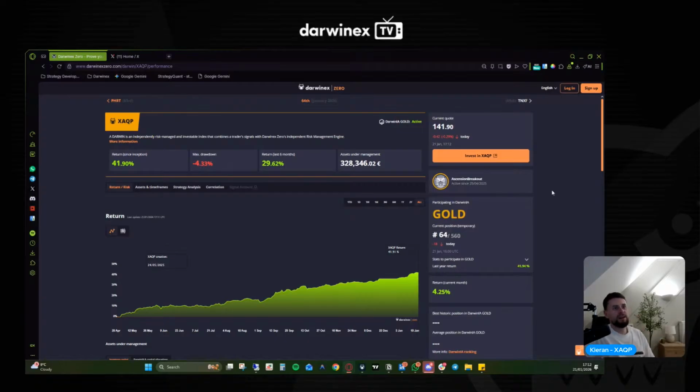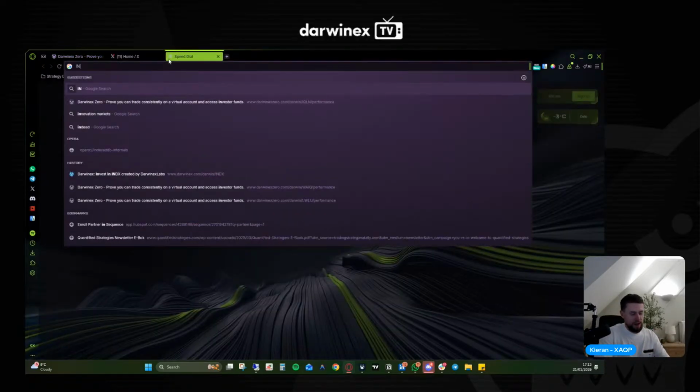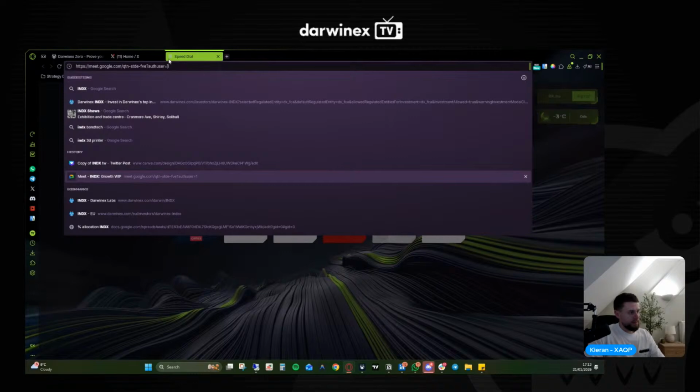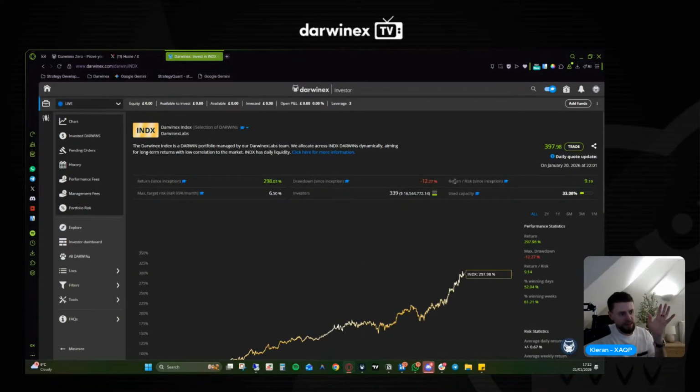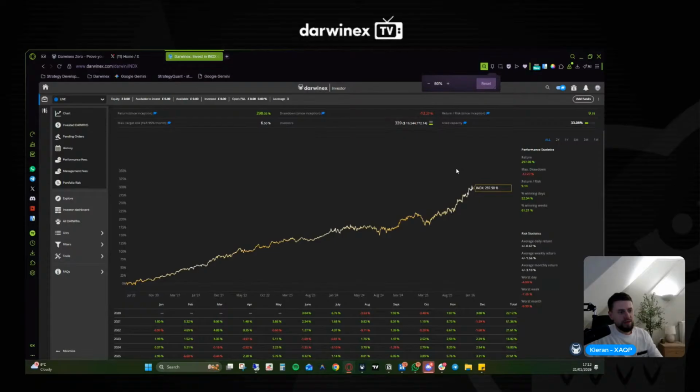Yeah, soon Darwinex will have that many investors in one. Darwin can only get bigger and bigger. Absolutely. We're having some really interesting conversations at the moment, and the way it's going now, the majority of AUM moving forward will likely be put into the index, and that will likely filter through to individual Darwins. Of course, we will always have investors who come in and allocate to single Darwins. I think my biggest investor has about 80 grand invested in me, so he makes up about half of my investment.